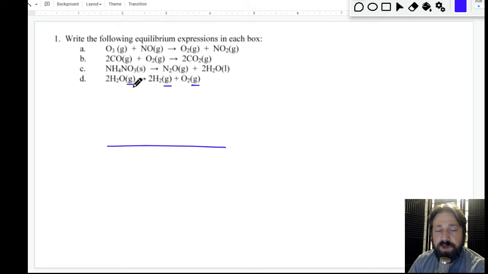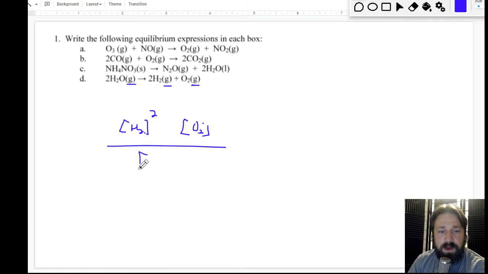This is H2O gas, so we can actually go through and use that. And hydrogen gas and oxygen gas. So, concentration of hydrogen, raised to the second power. Concentration of O2. Oh, no, there's no coefficient there.